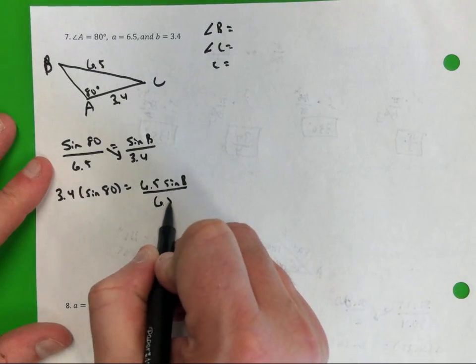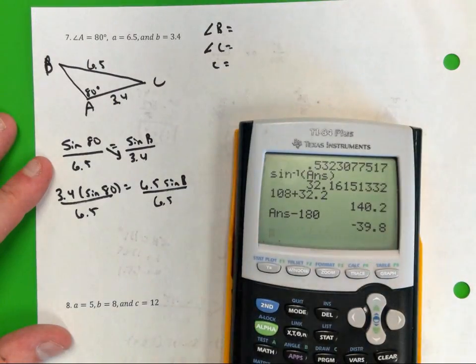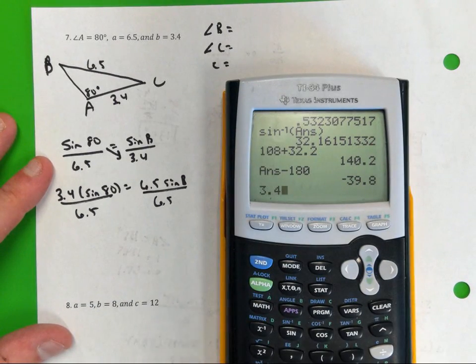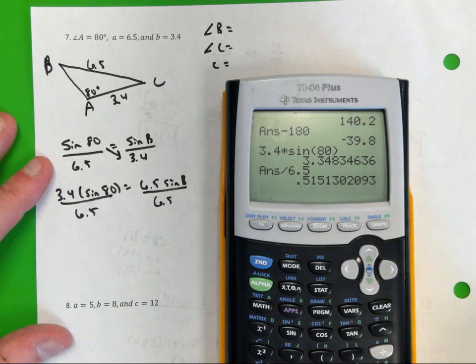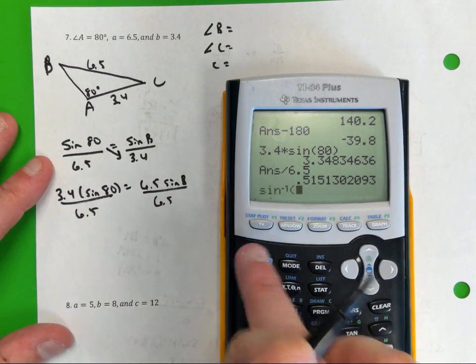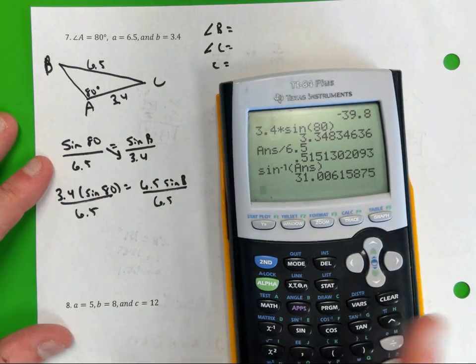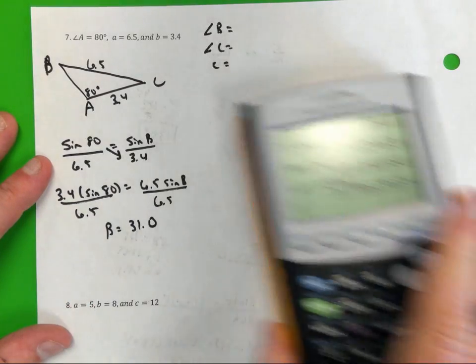Now I'm going to divide both sides by 6.5. So I'm going to type in the calculator 3.4 times sine of 80 divided by 6.5. Remember, I'm looking for an angle, so I'm going to hit second sine, second answer, and I get B is 31.0.